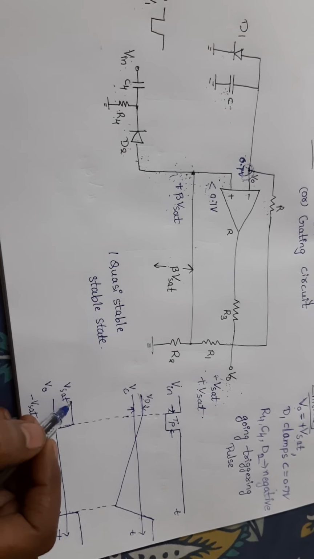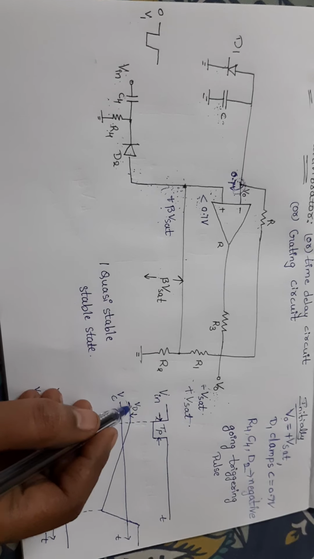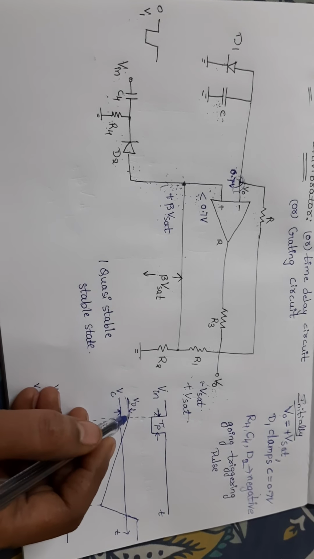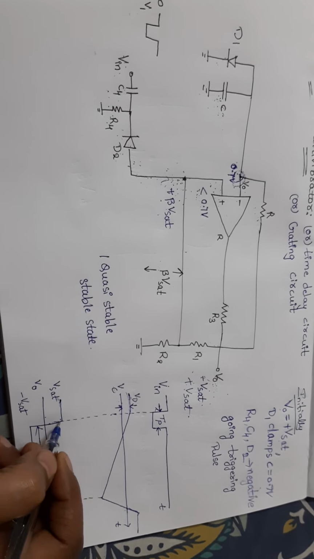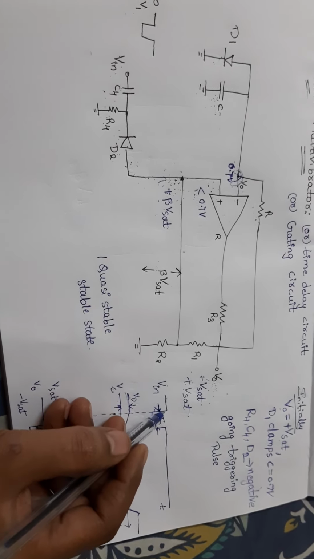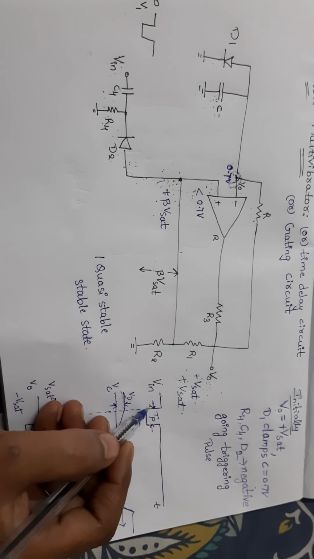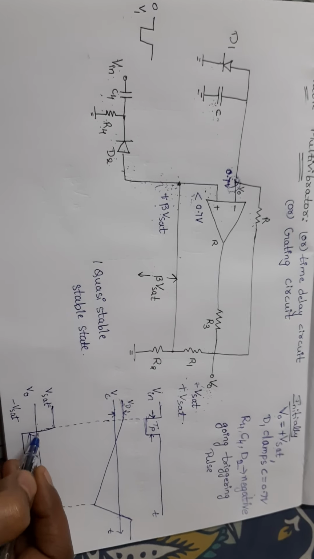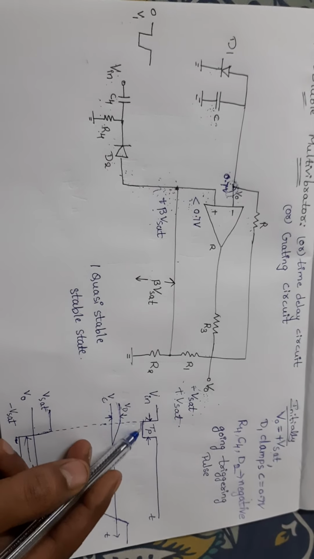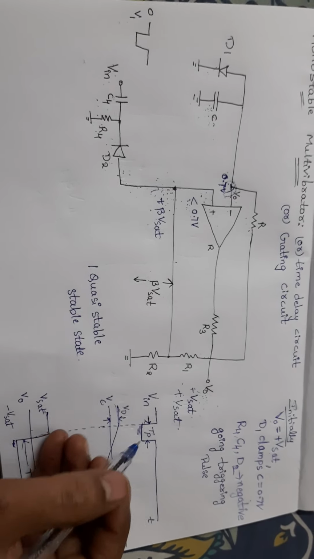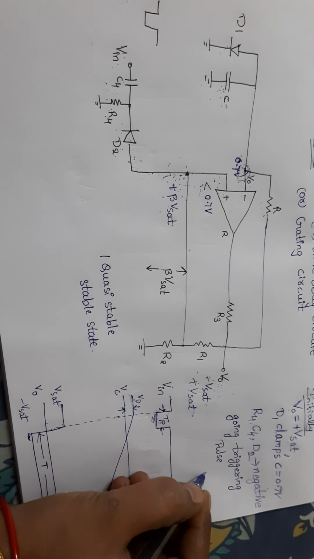See, whenever the output is plus Vsat, the diode is clamping the capacitor voltage to 0.7 volts. Whenever you give the negative triggering pulse, after applying it, observe this negative triggering pulse of width TP.